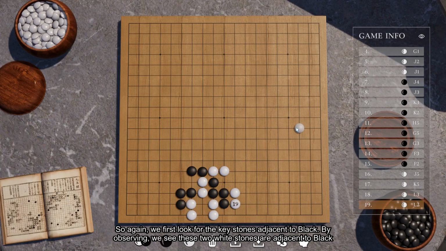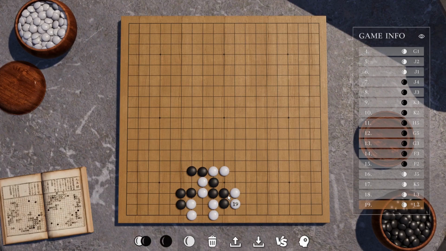So again, we first look for the keystones adjacent to black. By observing, we see these 2 white stones are adjacent to black. But these 2 white stones are not adjacent to black. So it looks like these 2 are the keystones.